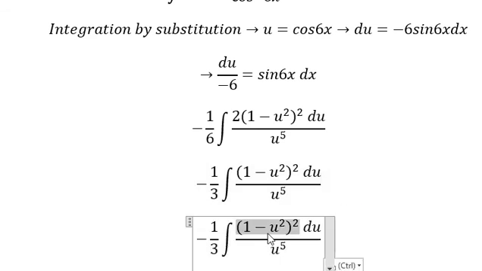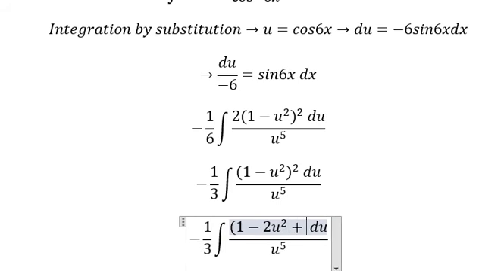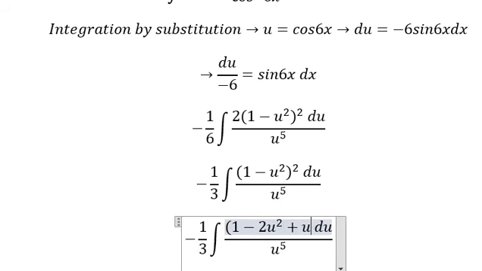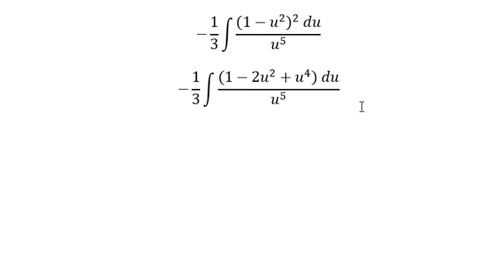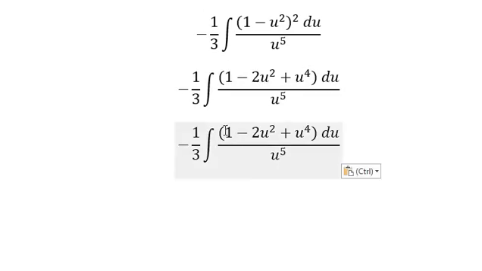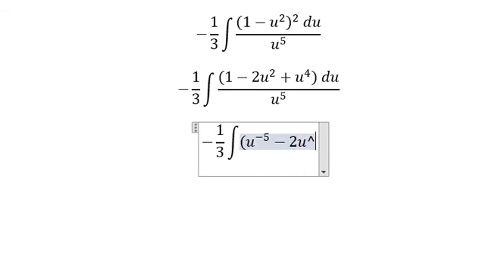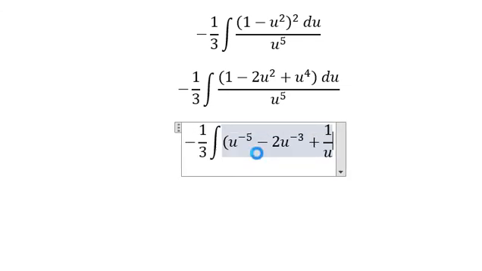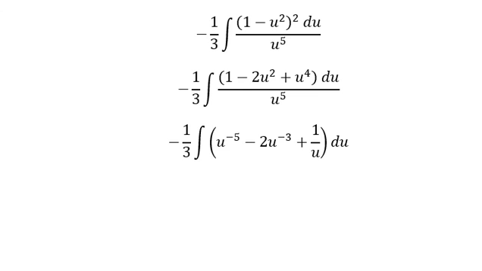Next, we need to expand this one. 1 divided by u to the power of 5, you get u to the power of negative 5 minus 2u to the power of negative 3 and 1 over u du. And now we get the final answer.